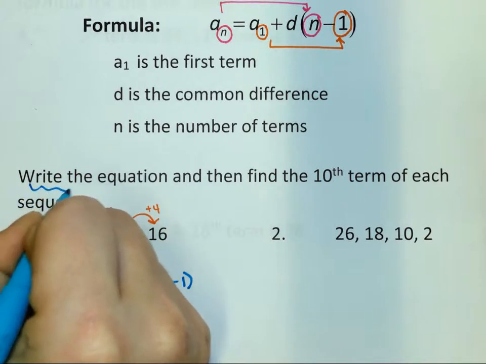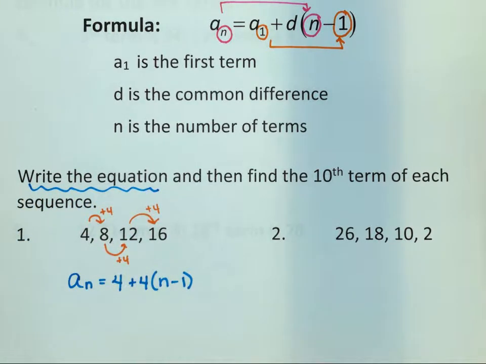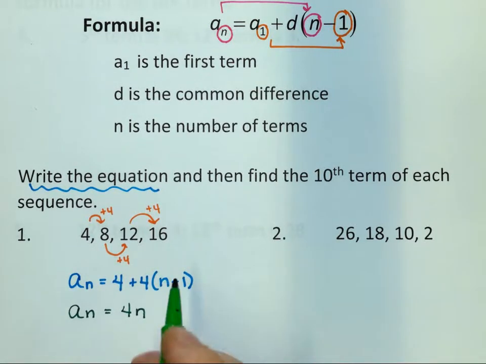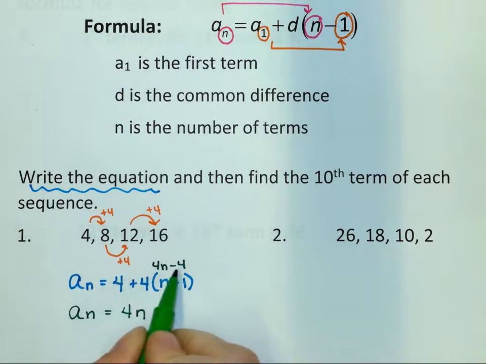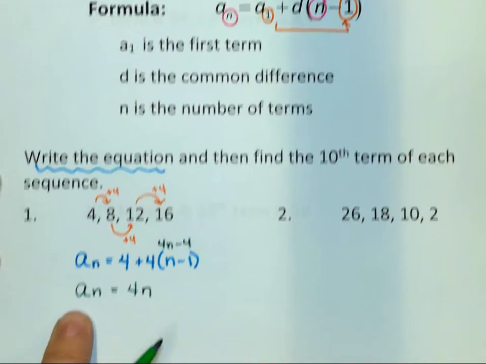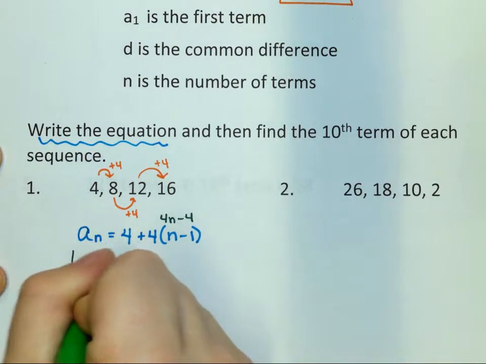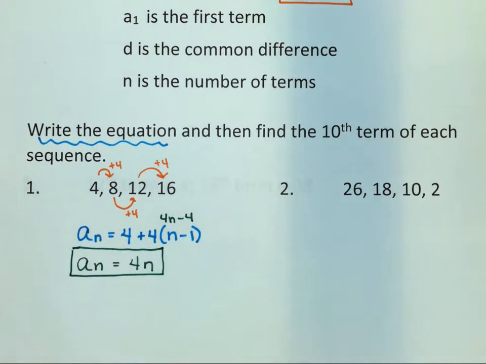Because it says write the equation. A general equation is what will work for everything. Now you really should simplify this to a sub n is 4n. Because when I distribute this, this will be 4n minus 4 plus 4, minus 4 and plus 4 cancel each other out. So any term, this is my equation, simplified form of that equation.